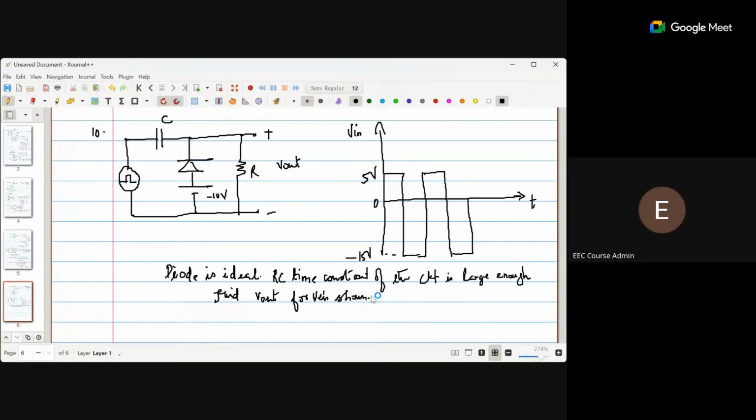The diode is ideal and the time constant is large enough. You need to find out the output corresponding to the given input.